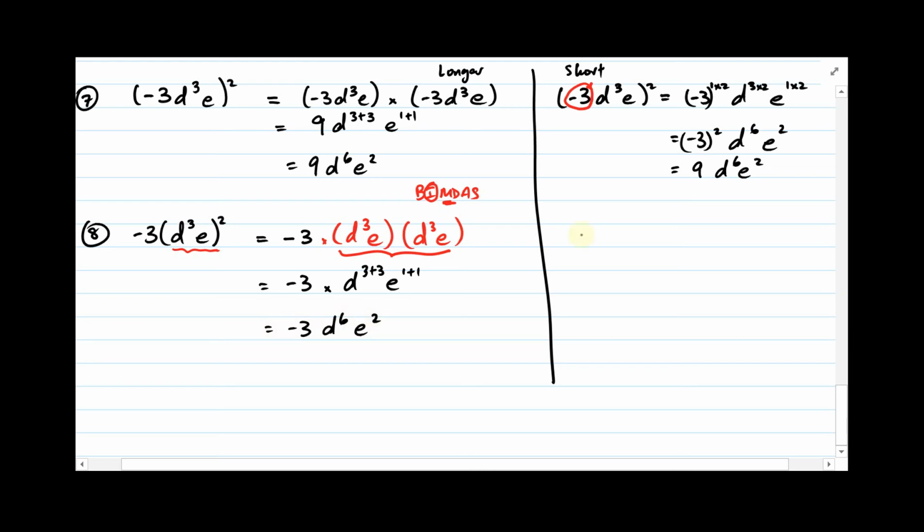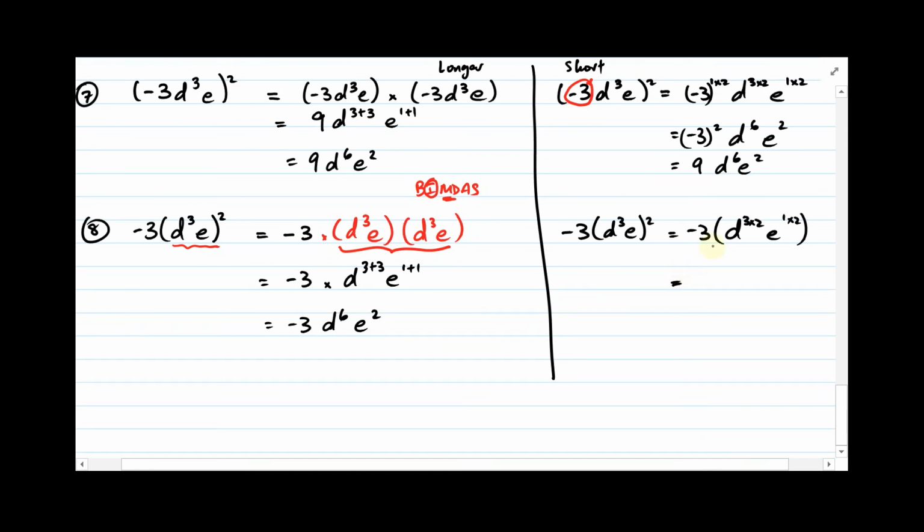Doing this a short way, it's basically what I have over here, d to the third e squared, I would simply write 3 times 2. So there's no difference really in my long method, except I have addition versus multiplication when I'm using that power rule. Here I have addition because I've written the terms twice and I'm multiplying them, while on the other side I'm using the power of powers.